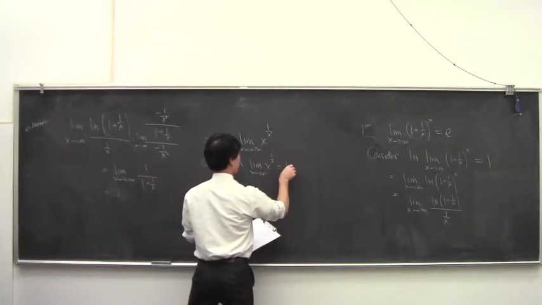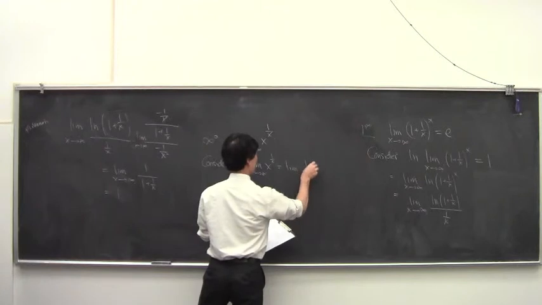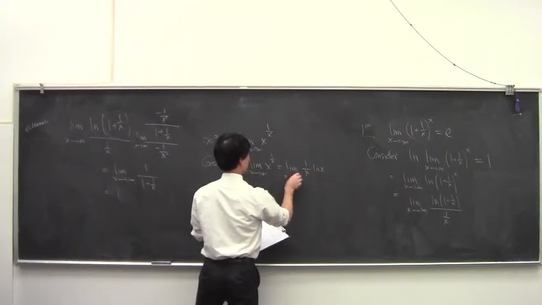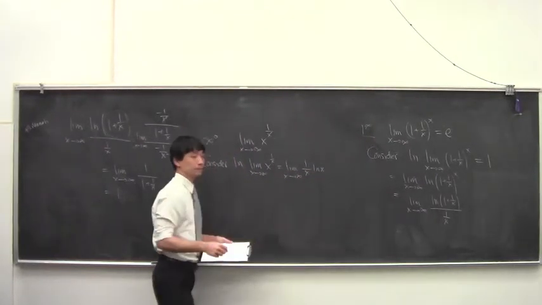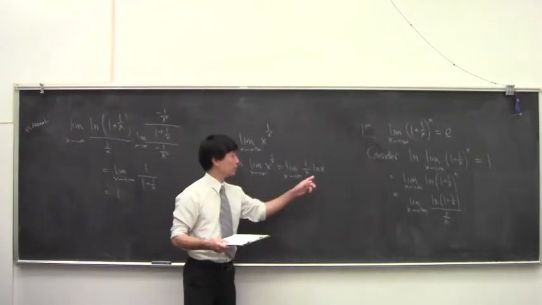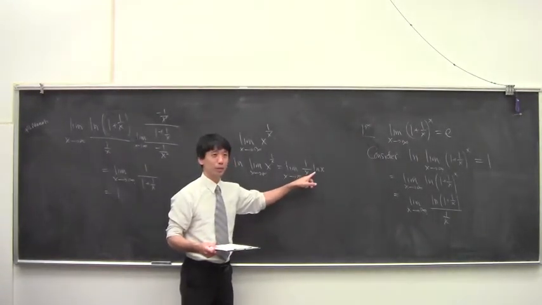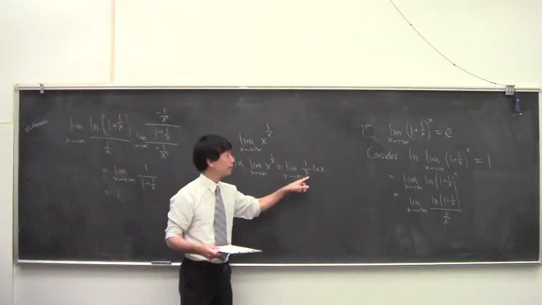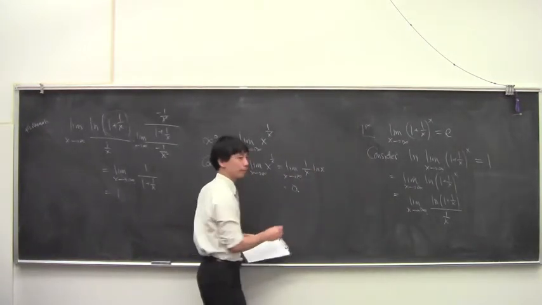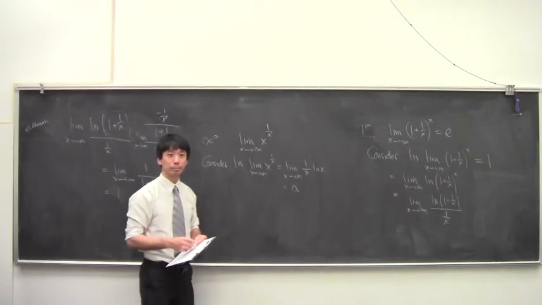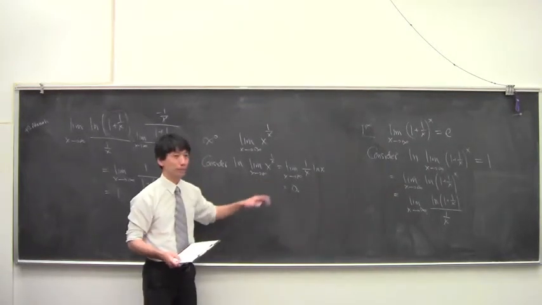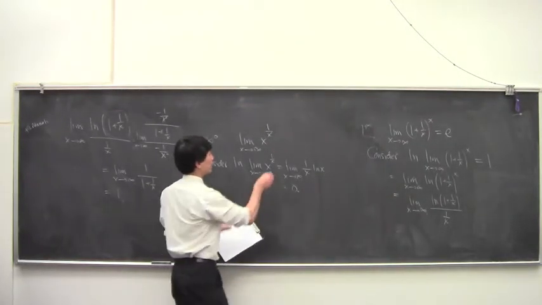Well, that's the same thing as the limit of 1 over x times natural log x as x goes to infinity. And we actually saw this already. We have natural log of x over x. Remember, natural log is slow, loses to x. This ends up being 0, by L'Hopital's rule. And so what's this?